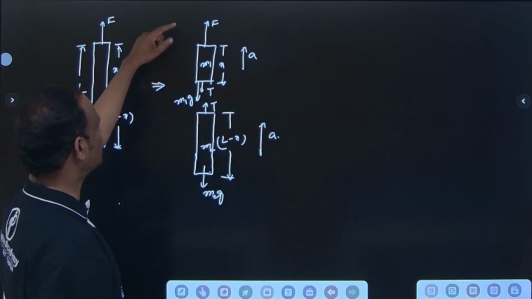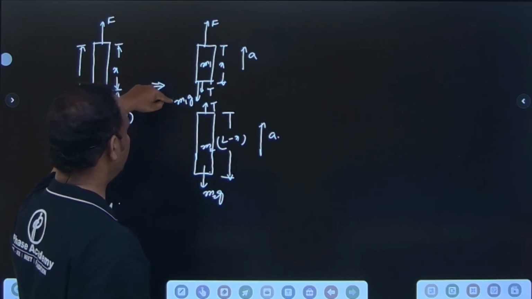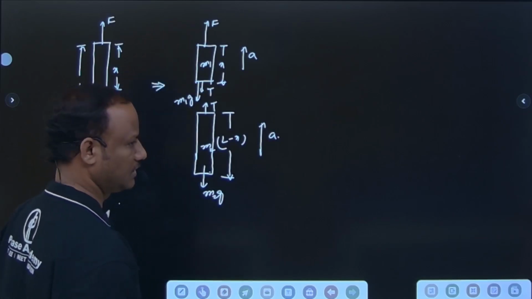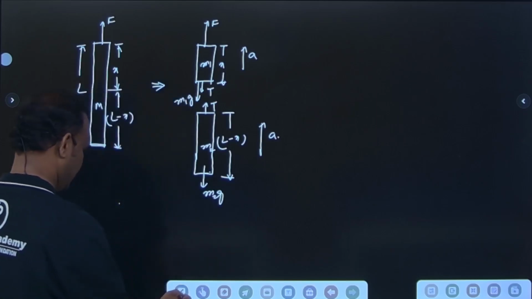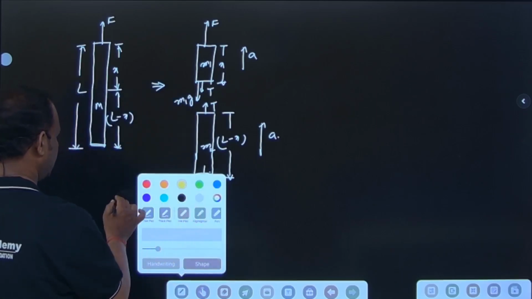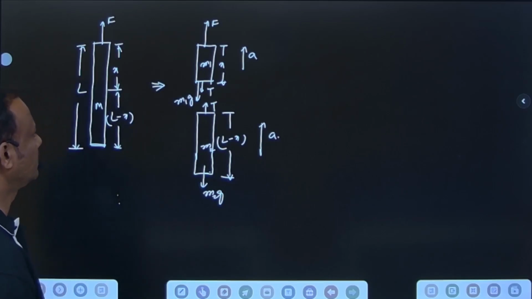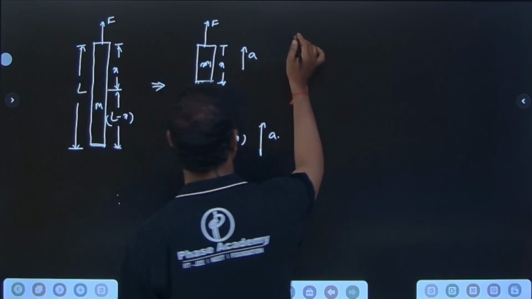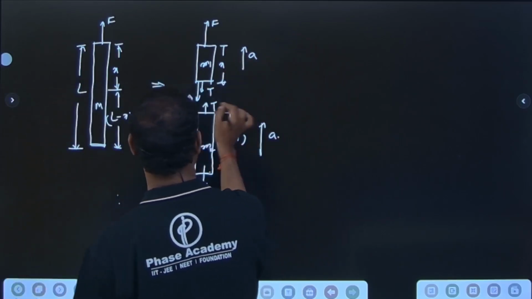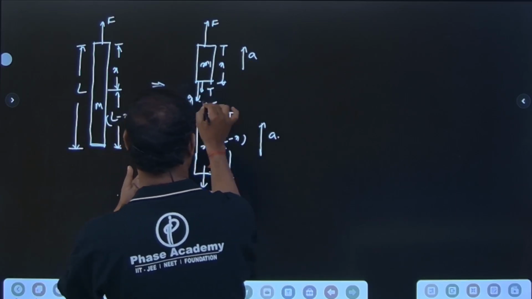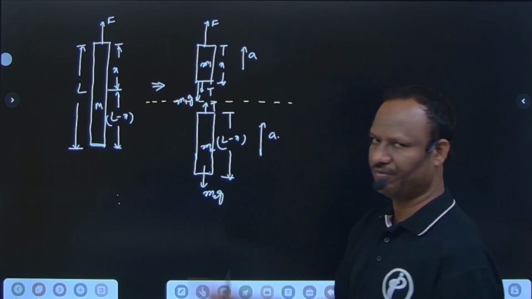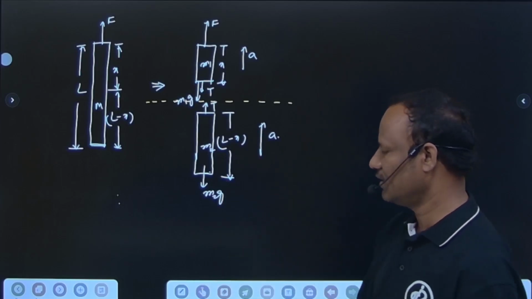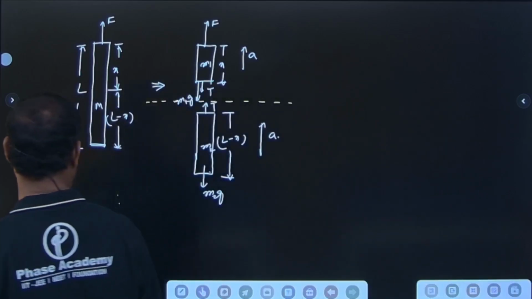F net is equal to F minus M1G minus T for the first part. F net is equal to T minus M2G for the second part. I divided it into two parts. As I already said, let us find the masses M1 and M2.